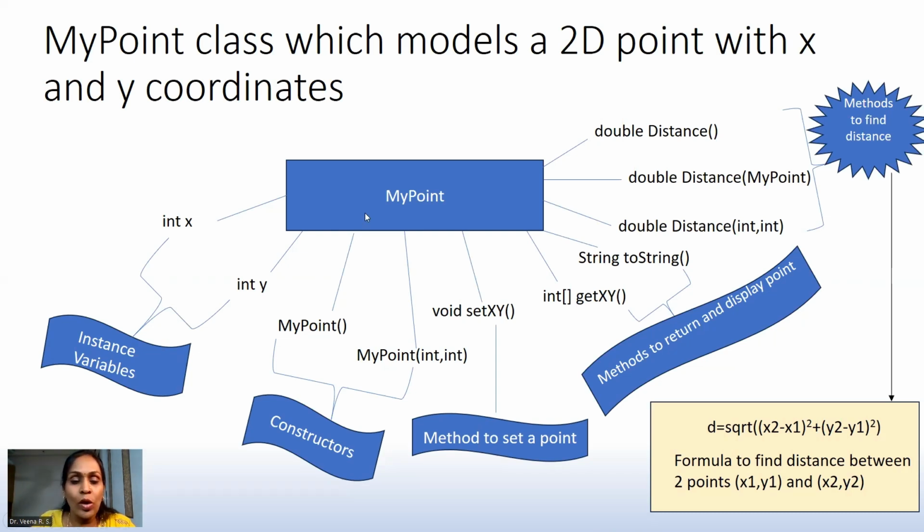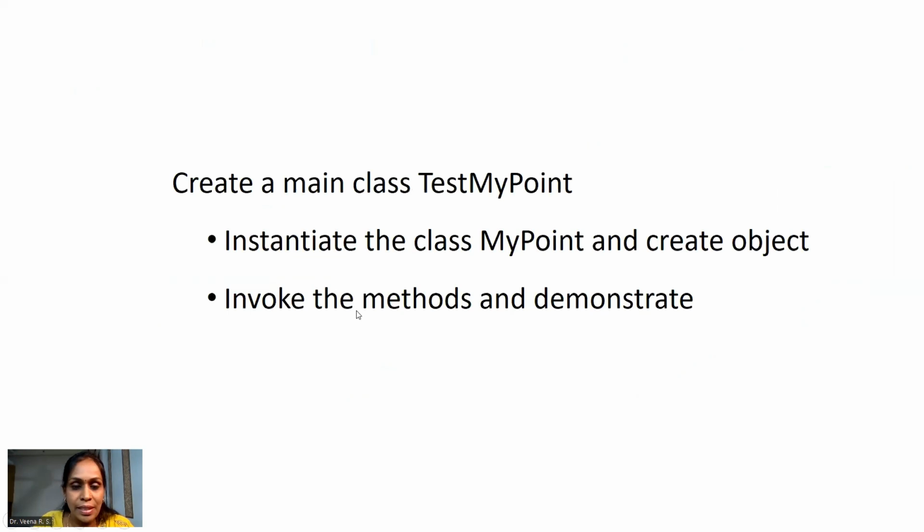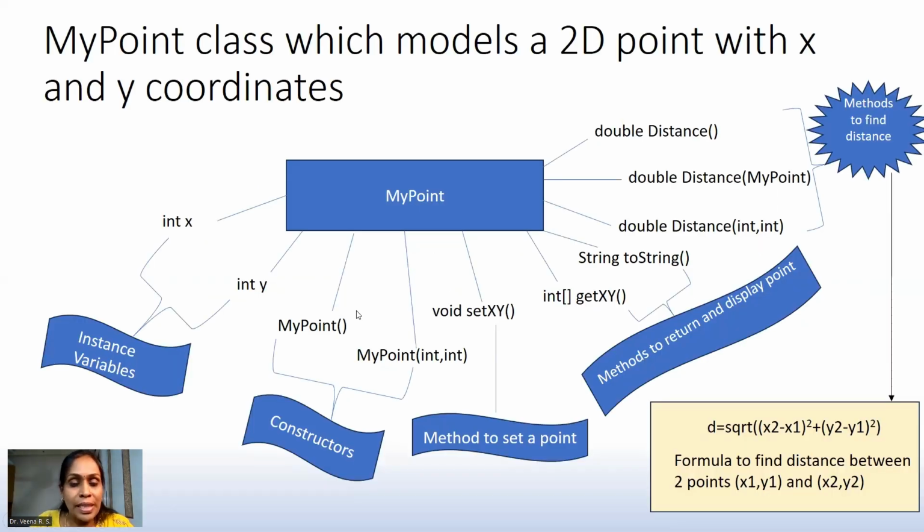The problem statement also says that the point can be created with the origin, that is 0, 0, or the point can be constructed with any x and y coordinates that we pass. So there are two constructors to be defined in this class, MyPoint. MyPoint with no arguments is nothing but a default constructor, and this default constructor is going to construct a point with the origin, that is x and y coordinates as 0, 0.